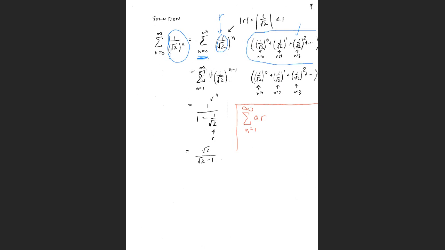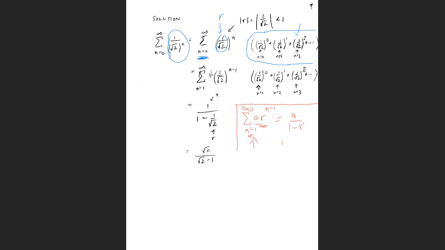But there's a formula in section 8.2 that says that if we write the geometric series this way, starting at n equals 1, and any geometric series would take on this form, the sum of that is going to be equal to a divided by 1 minus r.